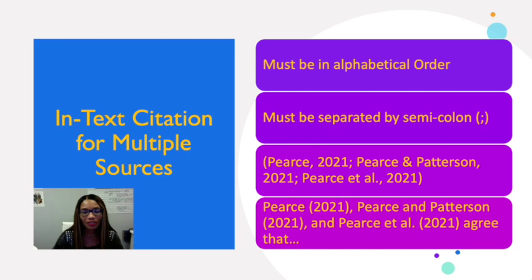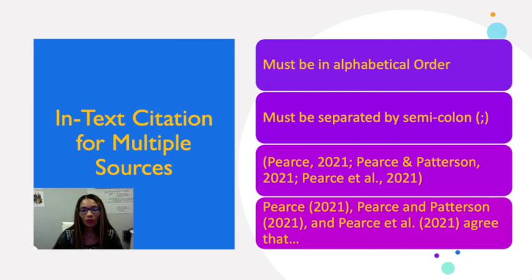If I wanted to cite all of these articles to say that all of these authors agreed on a particular statement or a particular issue or whatever the case may be, I would cite them as peers, similarly to how I referenced them in the in-text citations for 3 authors in the previous slides.